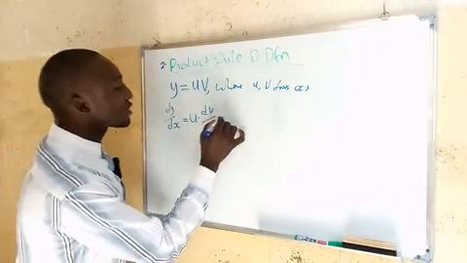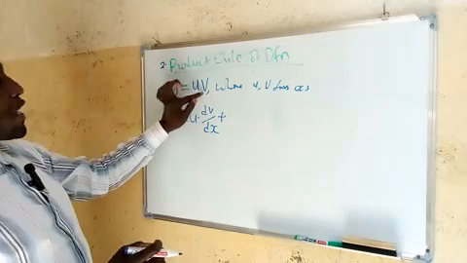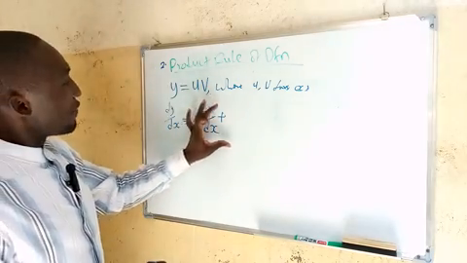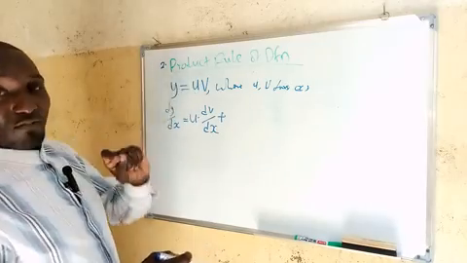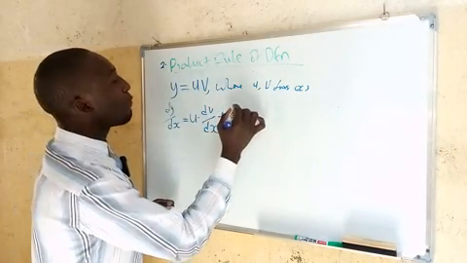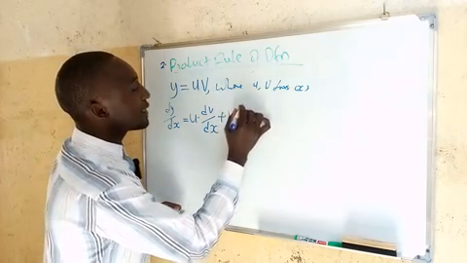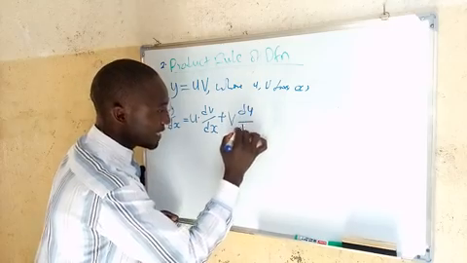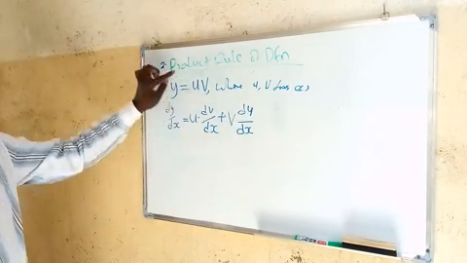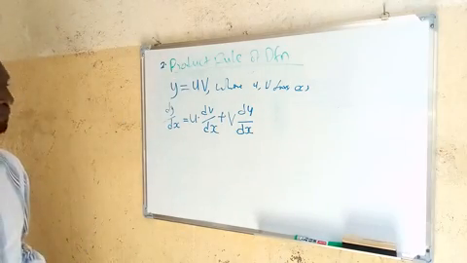Then plus, we hold the second function constant, then multiplied by the derivative of the first function. So we have v held constant, then multiplied by du/dx. This one here becomes our product rule of differentiation.